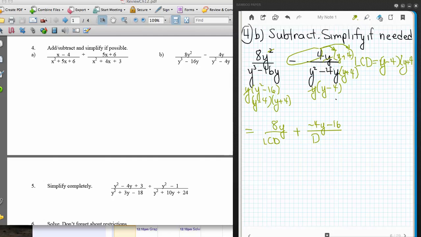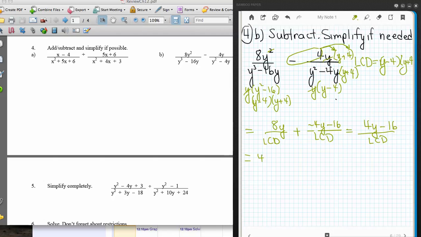Oops, I meant to write that backwards. So LCD. And then I need to add the numerators. So 8y minus 4y is 4y, and then minus 16. And this I notice is going to factor, so I'm just going to write LCD again, and then I'm going to factor it.